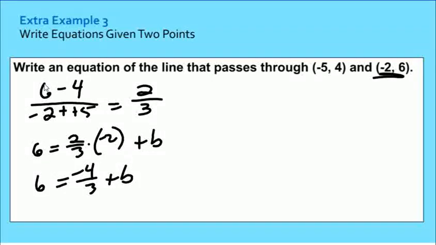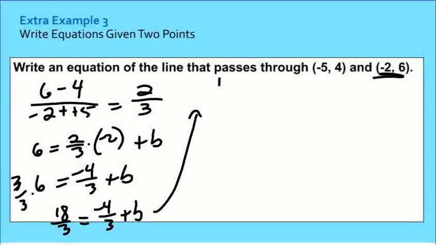Now, when I'm having fractions involved here, when I'm going to add and subtract fractions, I need common denominators. So I'm going to rewrite the 6 in thirds. That means I multiply this by 3/3. I'm going to have 18/3 equaling a negative 4/3 plus b.